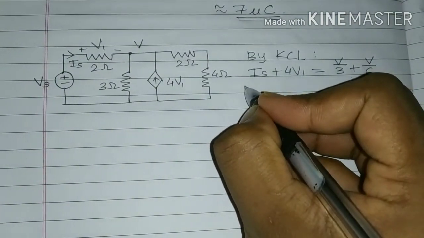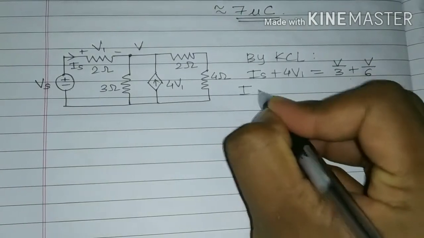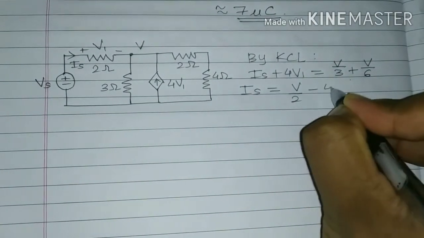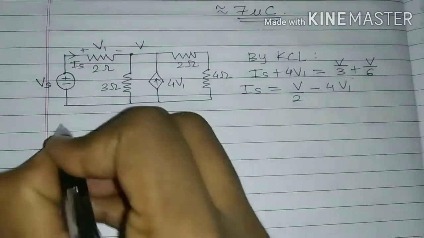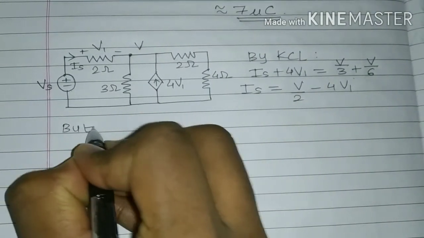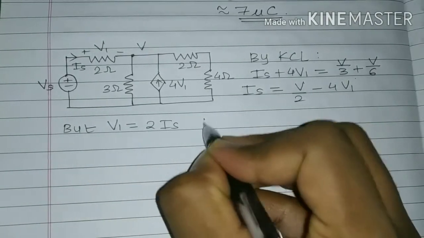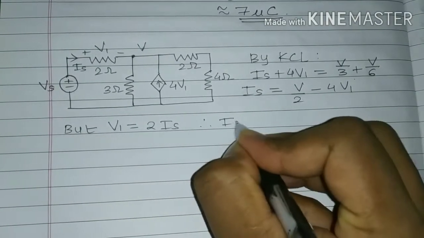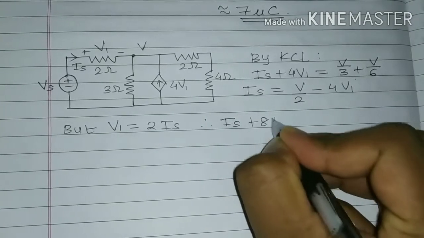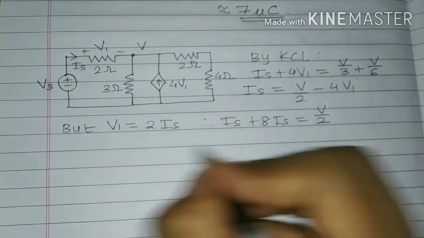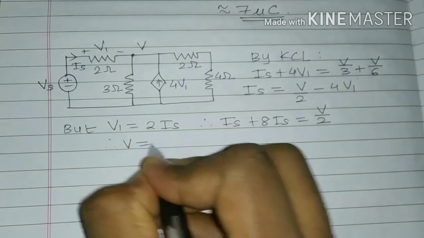Therefore, Is is equal to V by 2 minus 4V1. But we can see that V1 is equal to 2 into Is. Therefore, Is plus 8 into Is is equal to V by 2. Hence, V is equal to 18 Is.